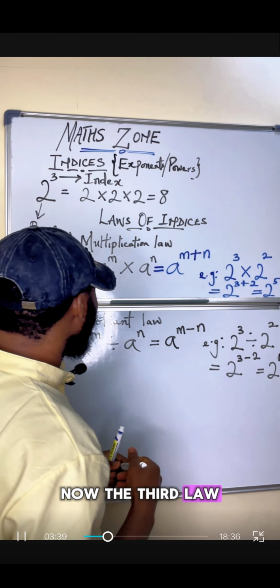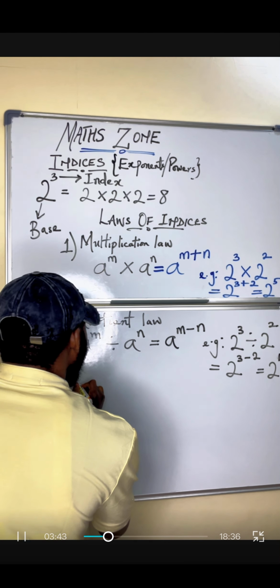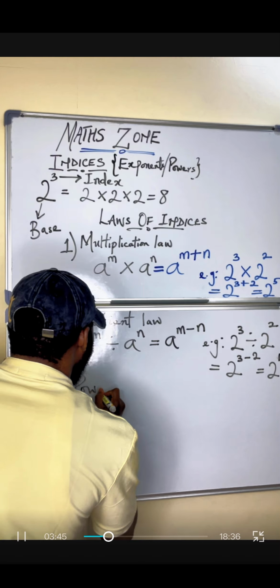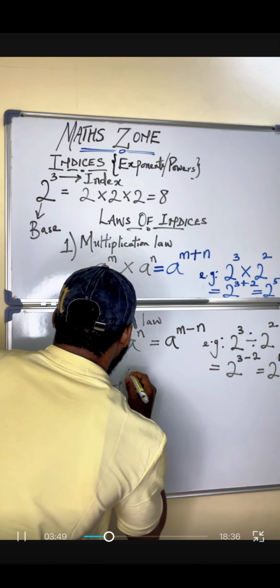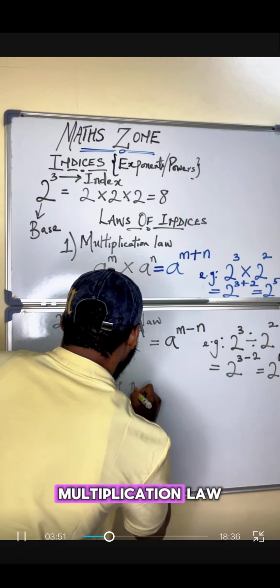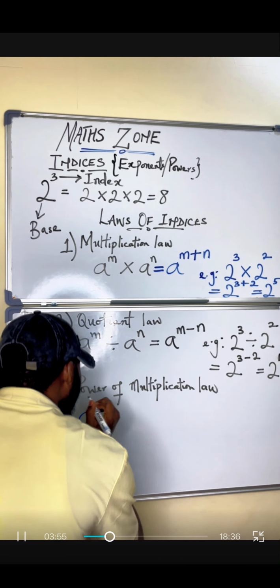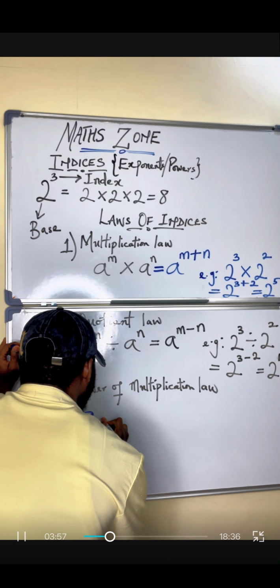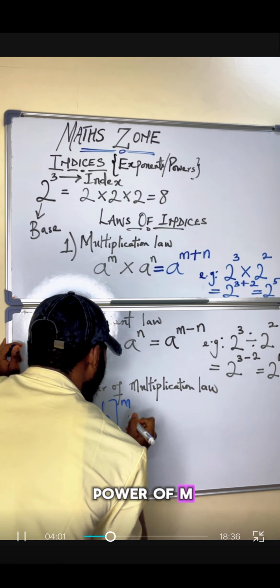Now, the third law, we call it the power of multiplication law. We have ab, all raised to the power of n.